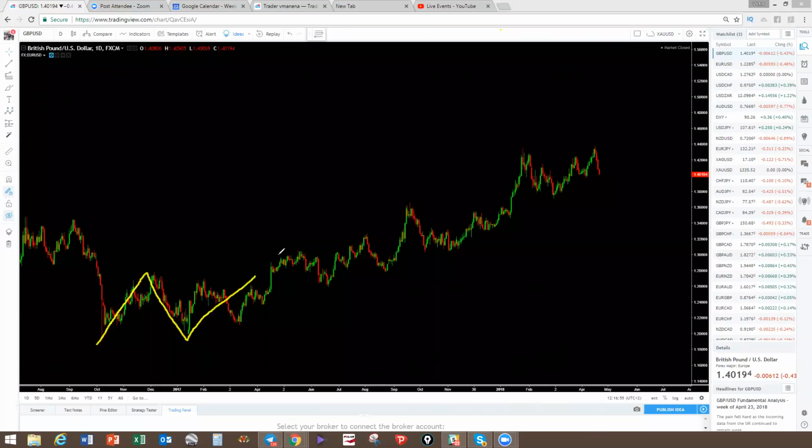It's the waves with their degrees, very clearly related. The degrees must be related. That's very important. So we looked at the first correction as a zigzag, this one as a running flat, and this one as a zigzag, which is this one here.